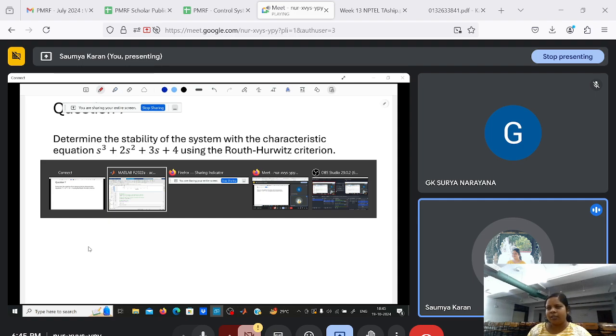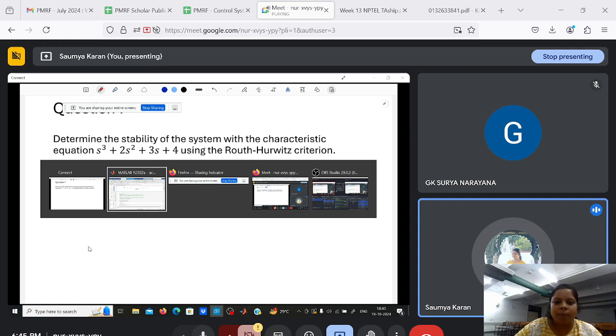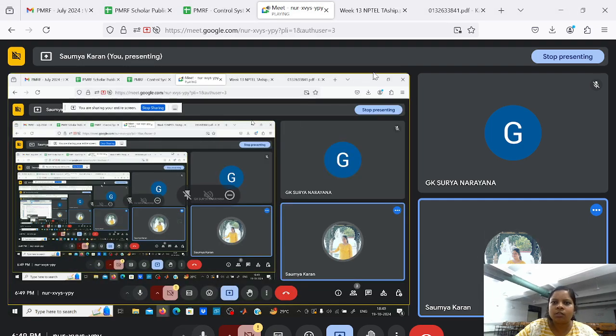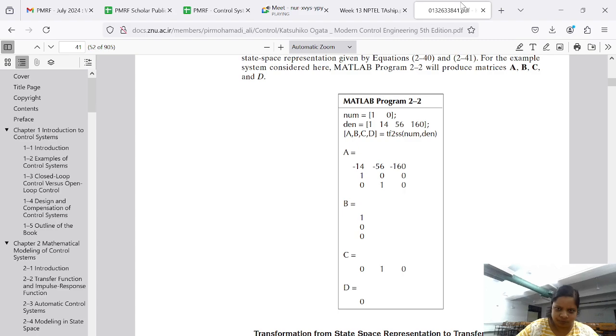They are already available in MATLAB. They already have the functions, so you can always refer to them. But when they are not available, you are definitely supposed to write a function and call the function to get the desired output.